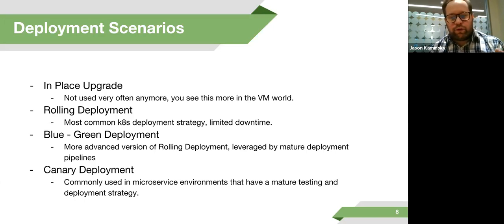Once it's fully rolled out, you take that gone fishing page down and your users can continue using your application. You don't really see this very often anymore. You definitely don't see it within the containerized world, so within GKE, you really don't see this.